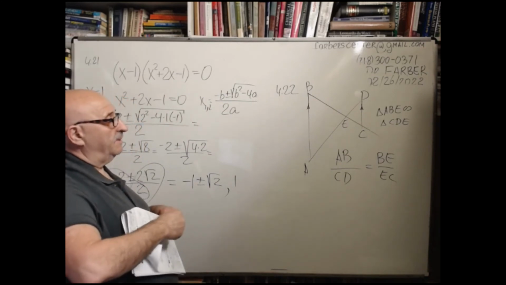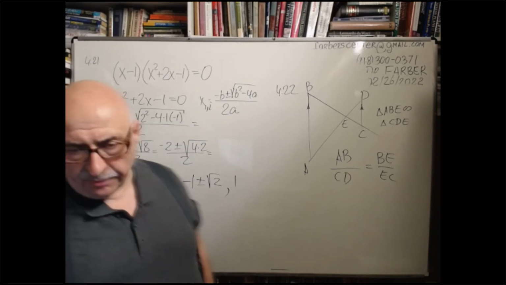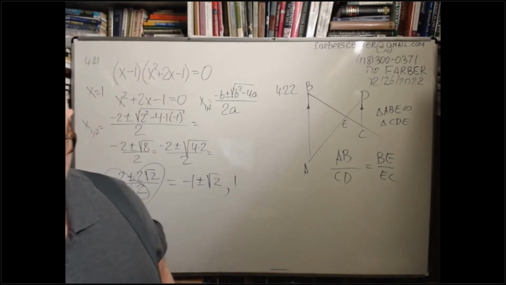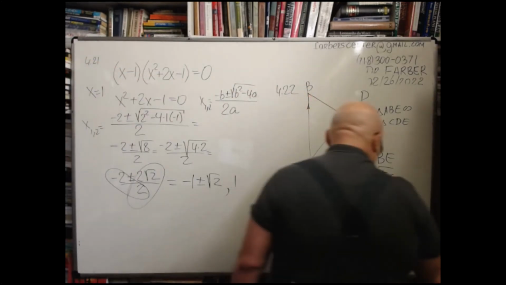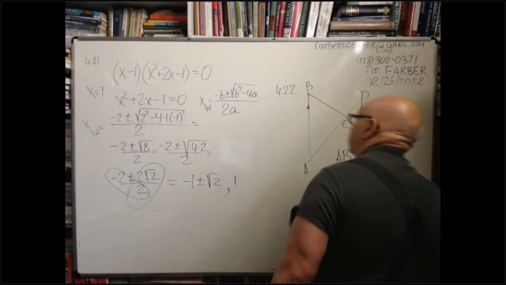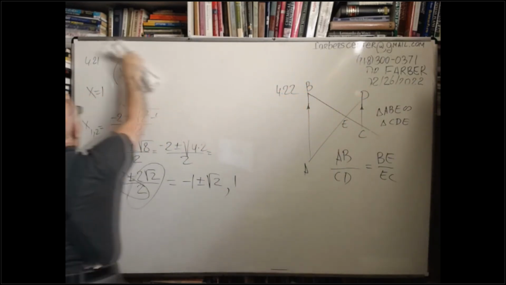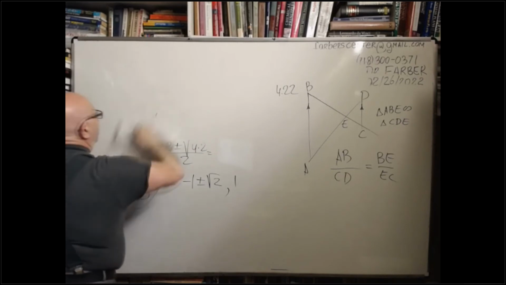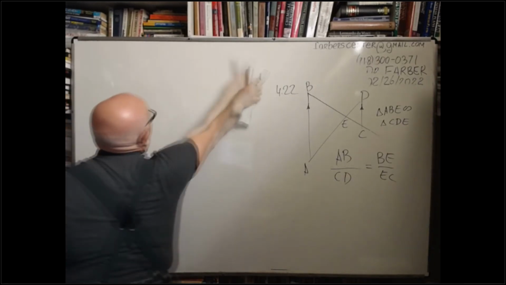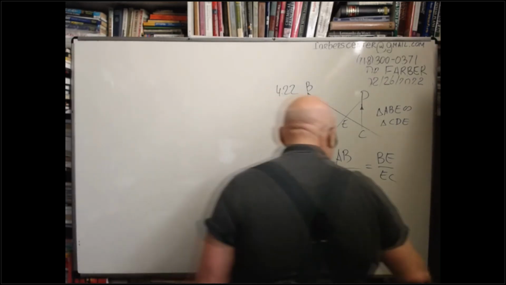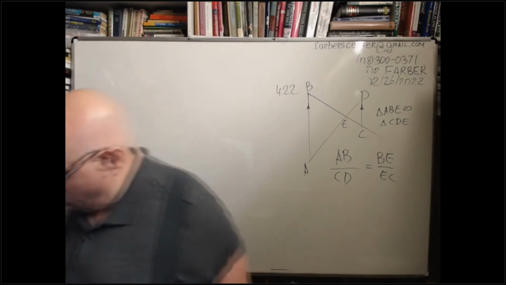So far so good. Any questions about this? No questions. Some questions in SAT take seconds, which is good, because some of them are all easy, but some of them take more steps. That's it. Similarity of triangles. Again, if you have any question, without hesitation, ask me. It was 422.